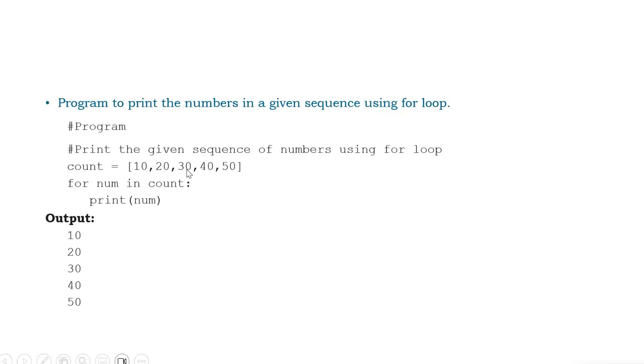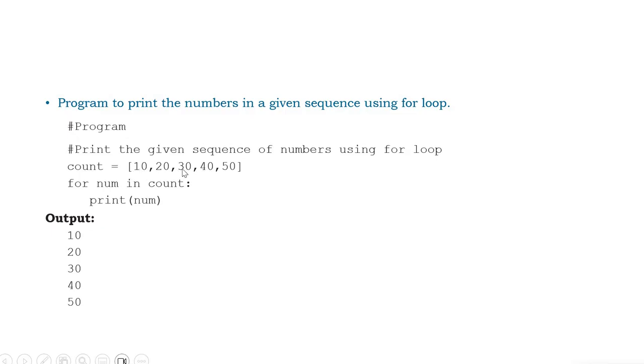So count is equal to 10, 20, 30, 40, 50. What is count actually? Count is a list, or a sequence, in which you are going to store 10, 20, 30, 40, 50. As I told you, in Python, in sequence data types, we can keep a number of values in a single variable. If you want to print all those values, then you write for num in count.